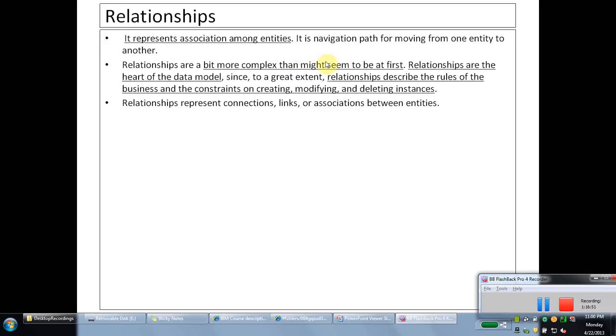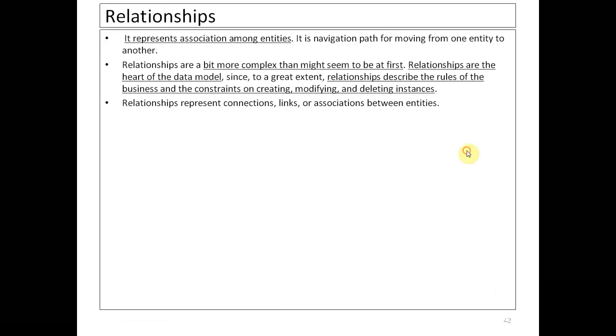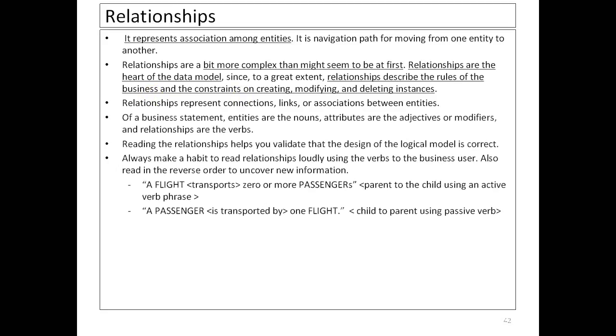Relationships are very complex, and at first look they seem simpler, but they are very complex. So, a relationship represents connections, links, or associations between entities. It also describes the rules of the business and the constraints on creating, modifying, or deleting instances.